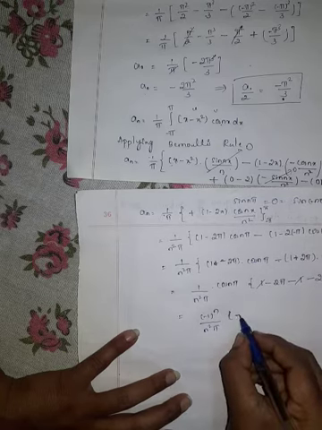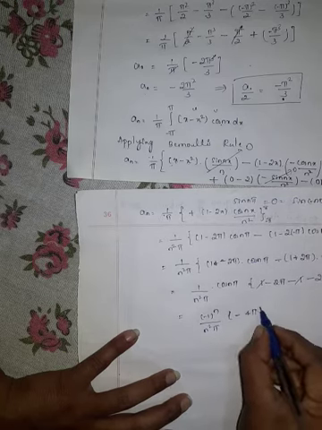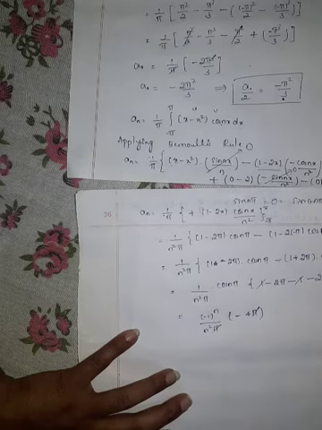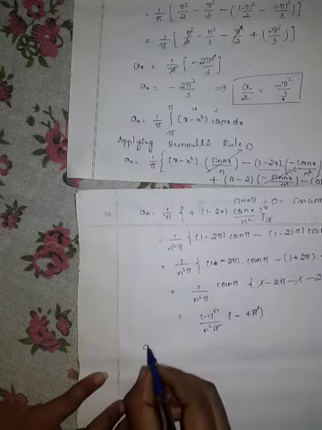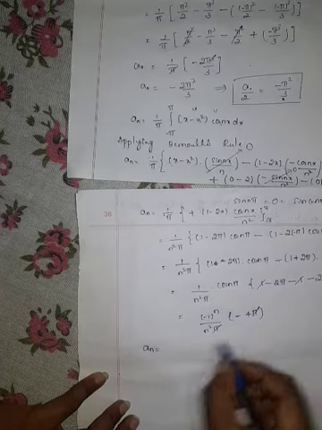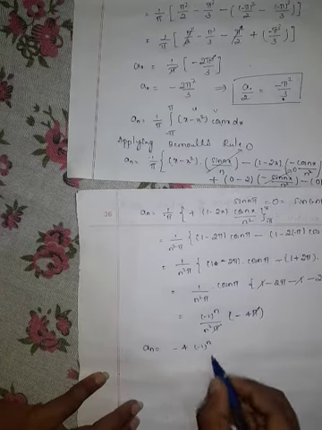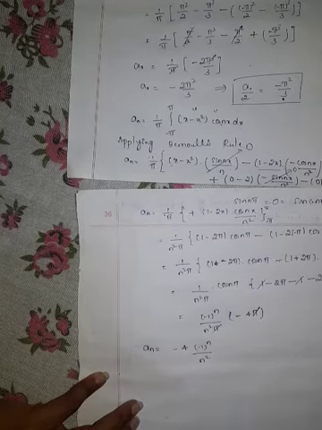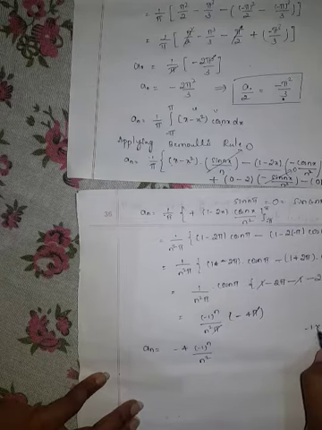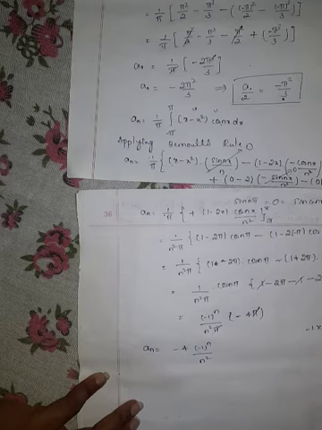This is minus 4 pi. Pi will get cancelled. So our an is nothing but minus 4 into minus 1 raised to n divided by n square. This minus 4 is minus 1 into 4, and here we have minus 1 raised to n.